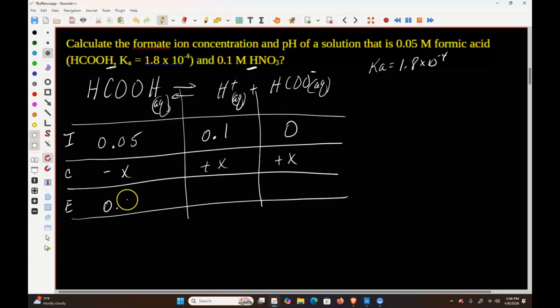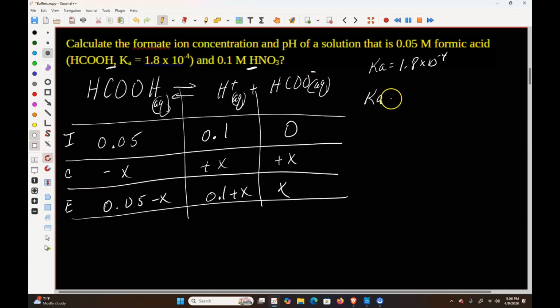Will be 0.05 minus x, 0.1 plus x, and x. So H plus is a common ion. There's 3 powers of 10, so it's okay to drop the plus x.